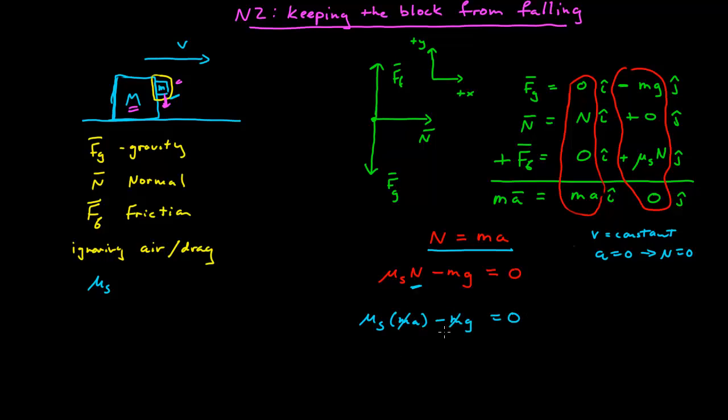The m's cancel, and I get a is equal to g over the coefficient of static friction. So that's the acceleration that must be applied to the block to keep it from falling.